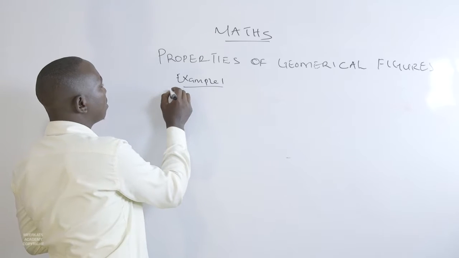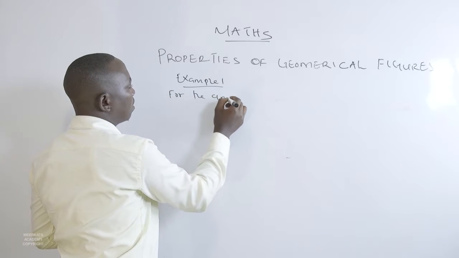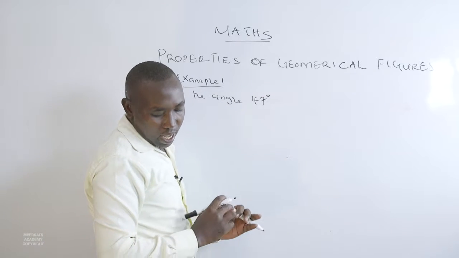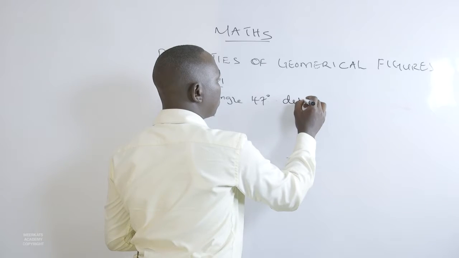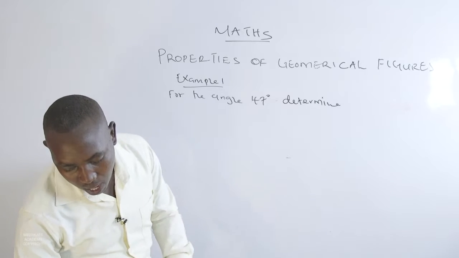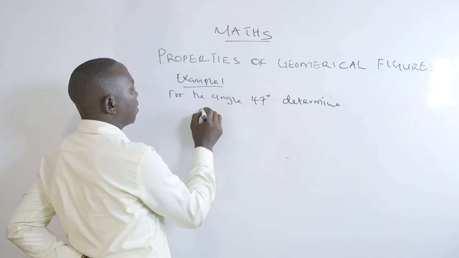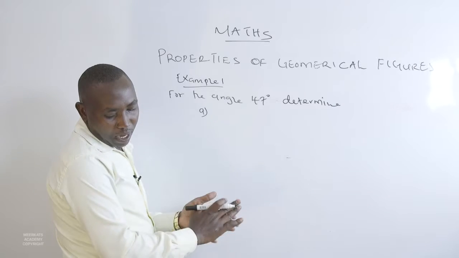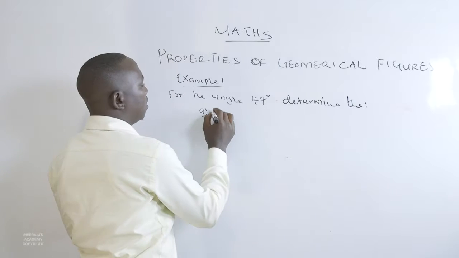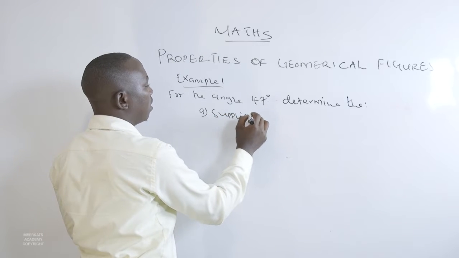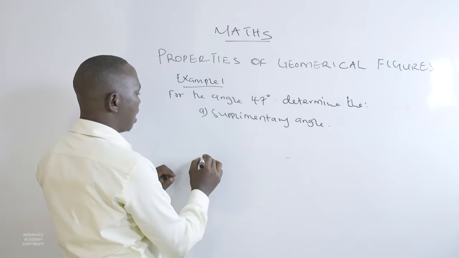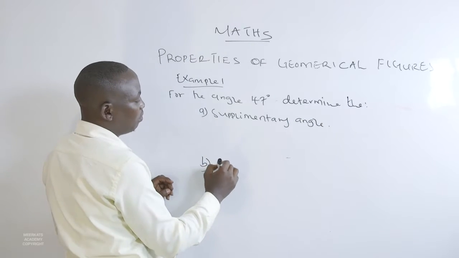For the angle of 47 degrees, determine one, the supplementary angle, and two, the complementary angle.